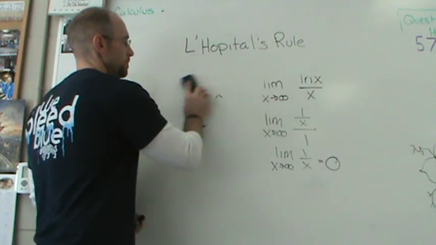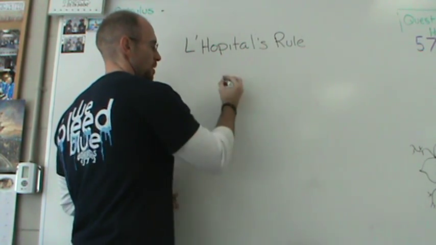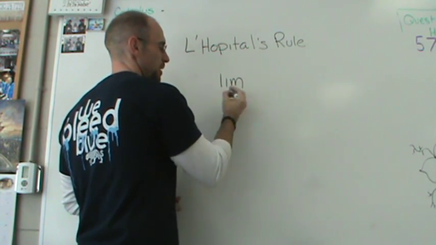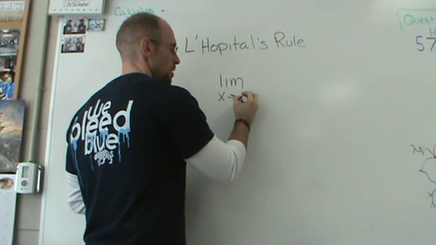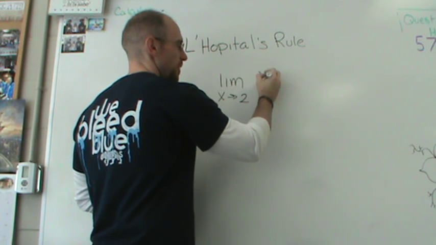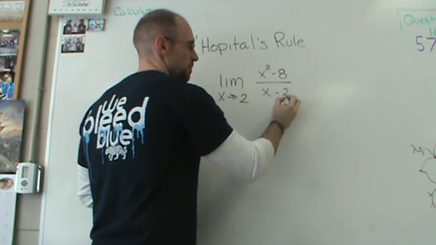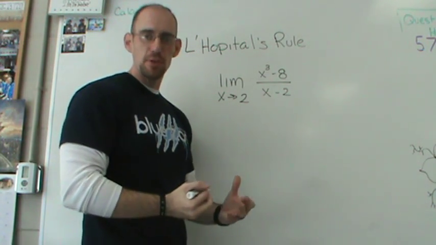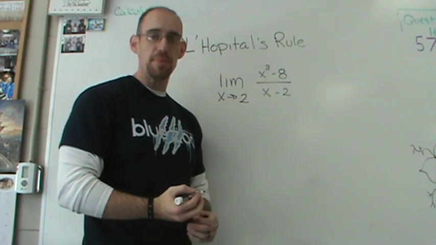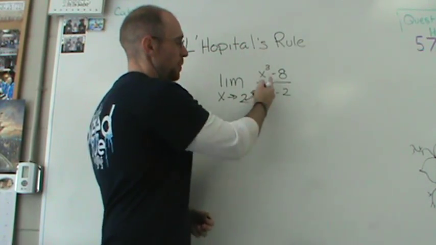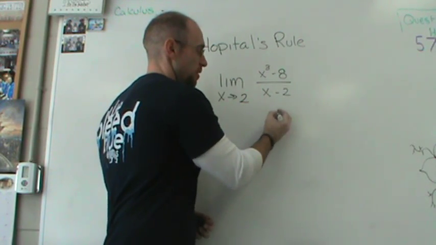Let's take a look at another one. Limit as x approaches 2 of x cubed minus 8 over x minus 2. The dreaded sum of cubes and difference of cubes, SOAP factoring. Some of you may not remember how to factor with SOAP on the AP exam, but here's the nice thing. We put 2 in here, we get 0 over 0.